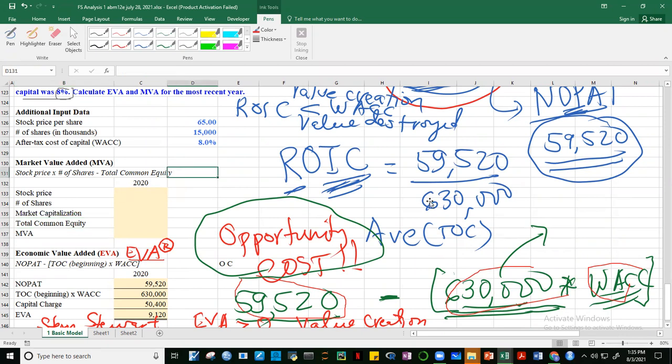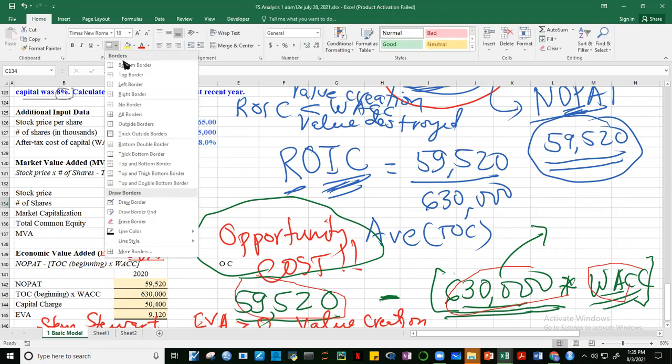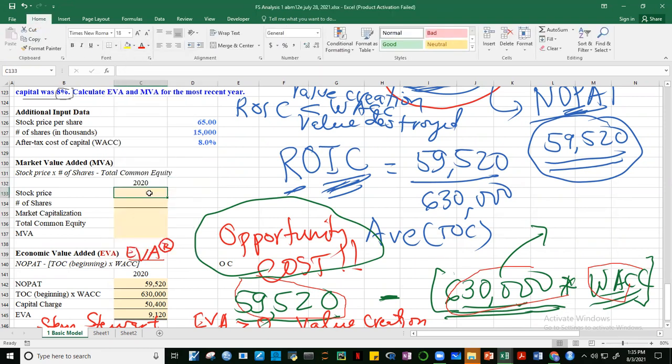No? Okay, so we need to know the stock price. Magkano ba yung current stock price ng company? Provided sa atin yan that it's worth 65 pesos daw. Now, ilang shares ang outstanding? Ilang shares ang issued? So there are 15 million shares. Okay, 15,000 lang dito kasi in thousands sama talaga yung figures natin. No?